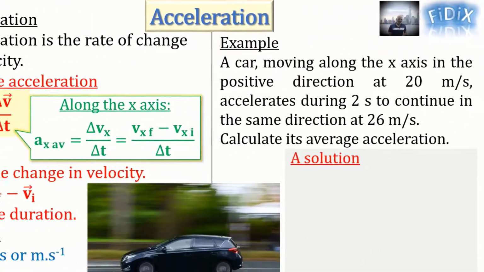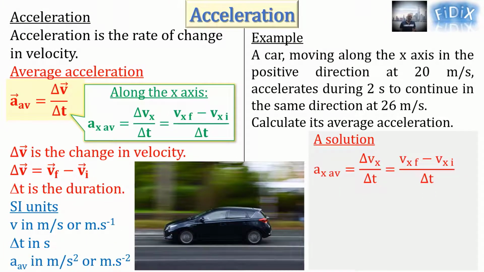To answer this question, we start by writing the formula, then we replace each parameter by its value. Note that Vxi and Vxf are both positive since the car is moving in the positive direction. We get the average algebraic value ax_av of the acceleration.